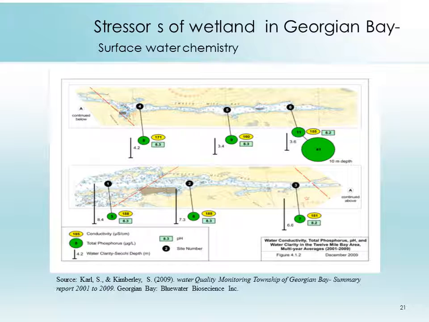From here we can know the upstream of the bay has a higher total phosphorus and a lower conductivity and pH level. That means the pristine water became softer.